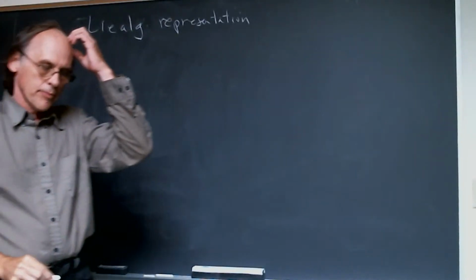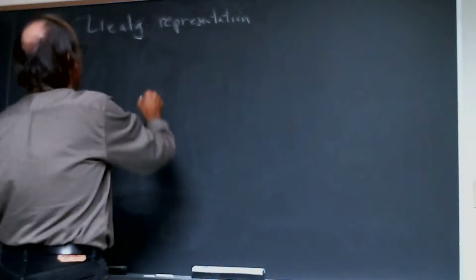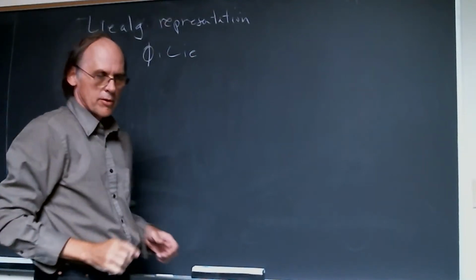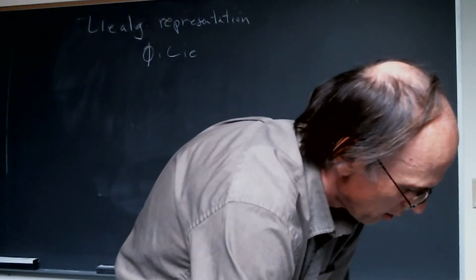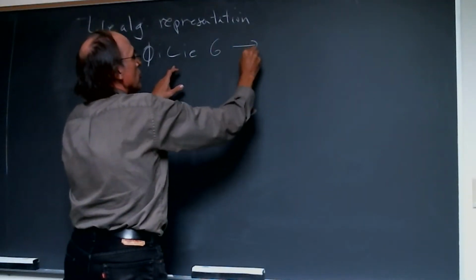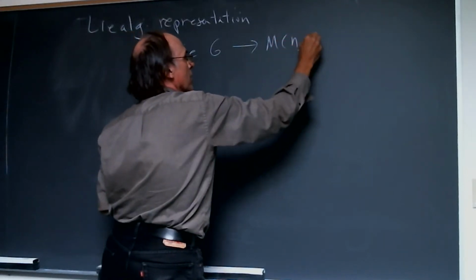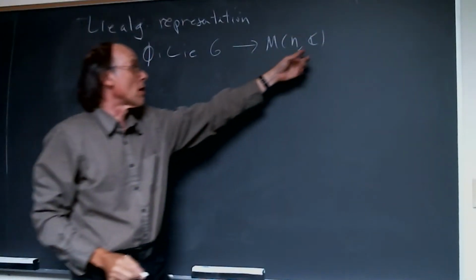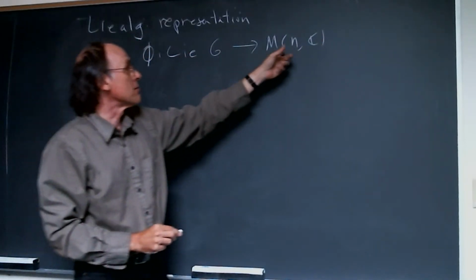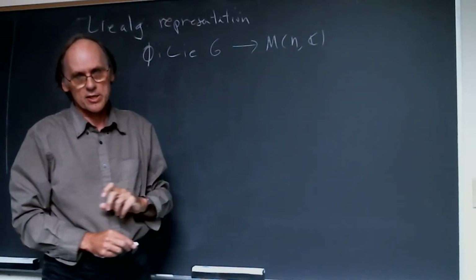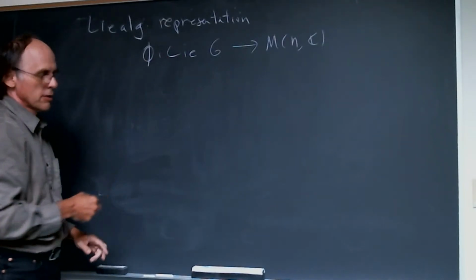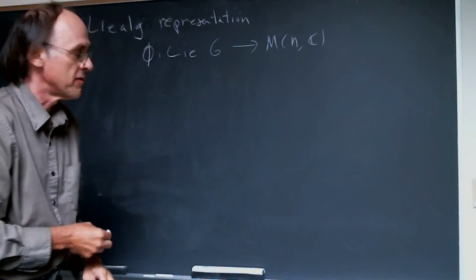This is just a linear map phi that takes the Lie algebra to matrices, and again we're going to work with complex representations. The Lie algebra is a real vector space, but here we want the map to be complex, and it's a linear map that preserves the bracket.